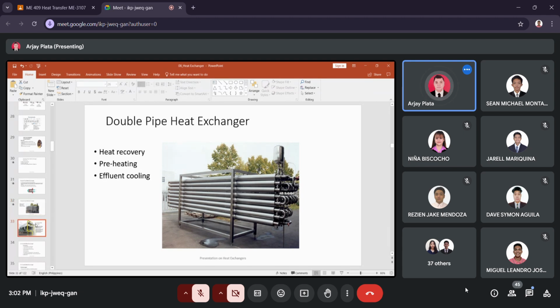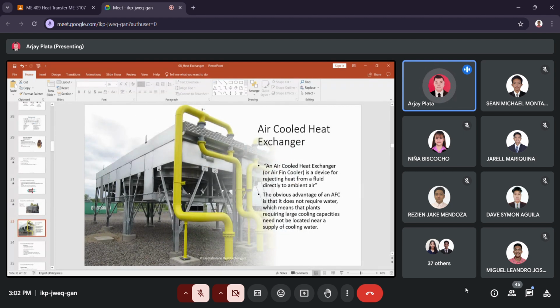So next type is the air-cooled heat exchanger. An air-cooled heat exchanger or air-fin cooler is a device for rejecting heat from a fluid directly to ambient air. The obvious advantage of an air-cooled heat exchanger is that it does not require water.